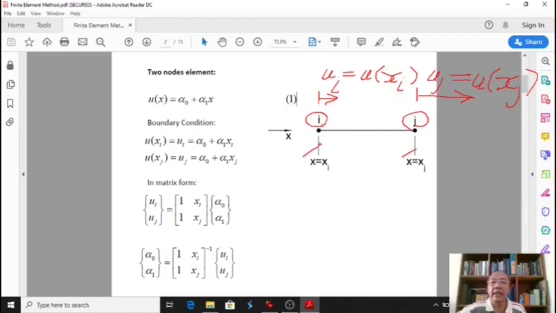And we have x here. Maybe the origin is here. At any point here, the position is x. So this point will displace to u of x.